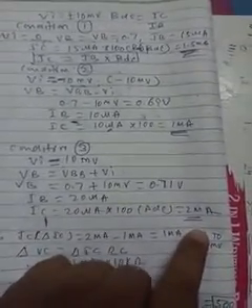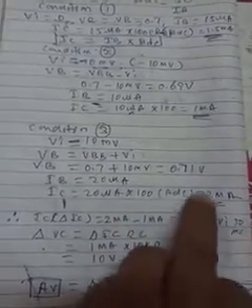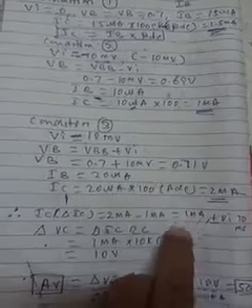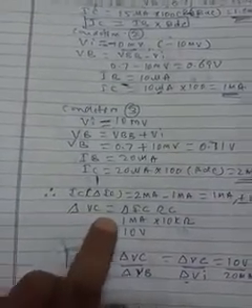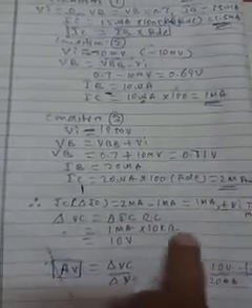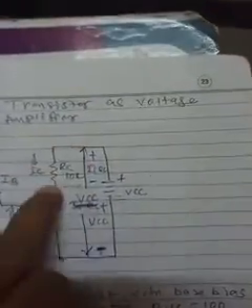How much change have we observed in the collector current? The maximum is 2 and the minimum is 1, so 2 minus 1 is the change in collector current, 1 milliamp. So delta VC, the change in voltage, equals delta IC, which is 1 milliamp, times RC, the resistance connected to the collector in the circuit.